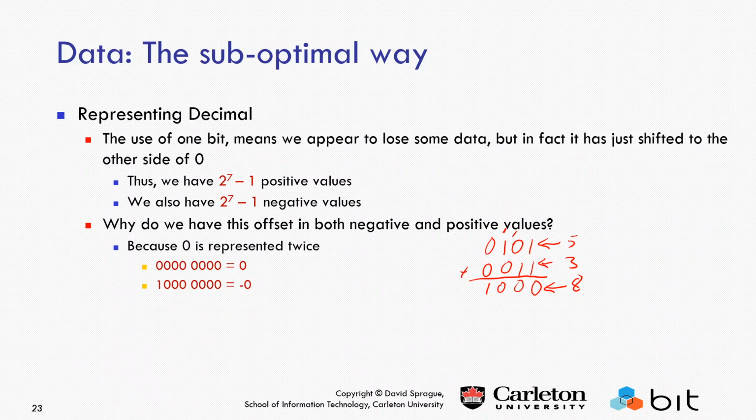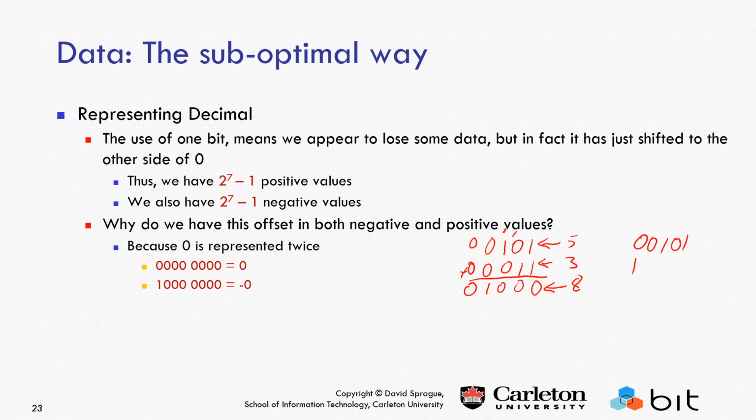Okay, let's try and do that with negative values. Well, what the hell do I do with a negative value? If I have 5 plus negative 3, so let's put another zero here at the end, just to make sure we have enough bits. So 00101.